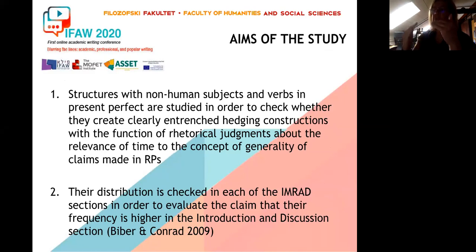So we wanted to establish the relationship of the effect that present perfect has in terms of the time consequence to the present time, and how the distribution of this combination of inanimate, non-human subjects with present perfect is distributed in the IMRAD sections of our research papers in the corpus.